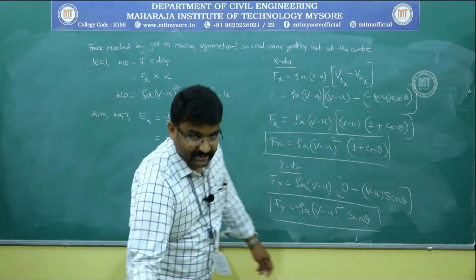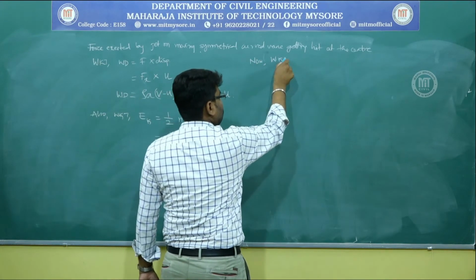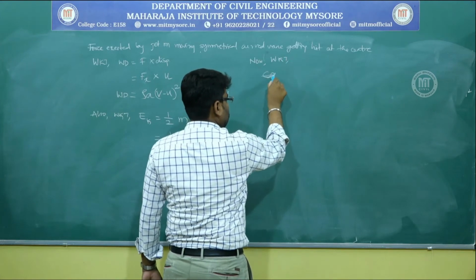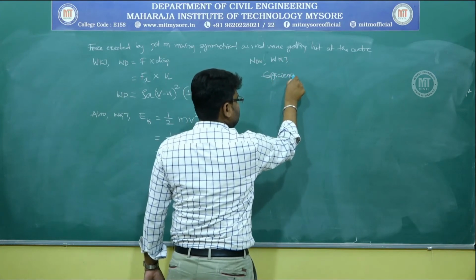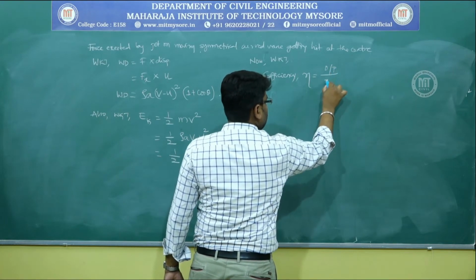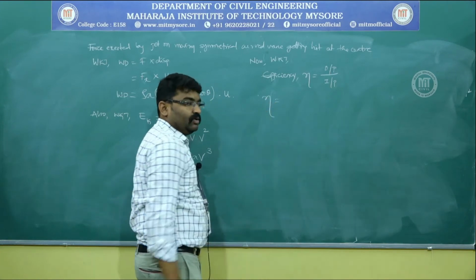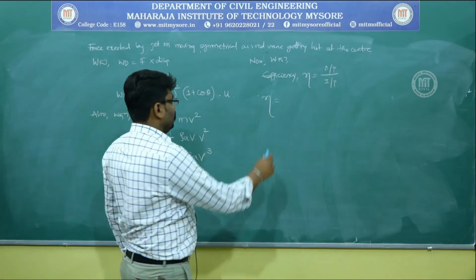So to find out the efficiency, now we know that efficiency eta is equal to output by input. Therefore, eta is equal to, what is the output we have?